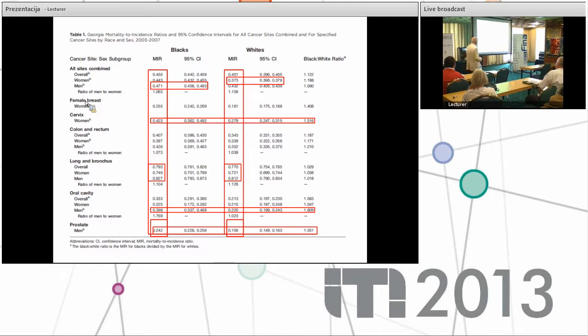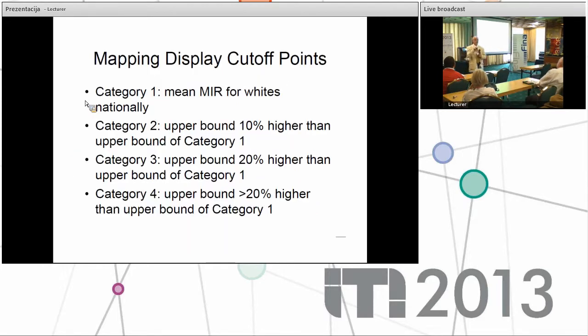What's nice about the measure is that it looks at mortality adjusting for the incidence level. We did different mapping cutoff points, with the mean MIR for whites nationally as the reference. So we said, let's map the MIR in each of these groups relative to whites.